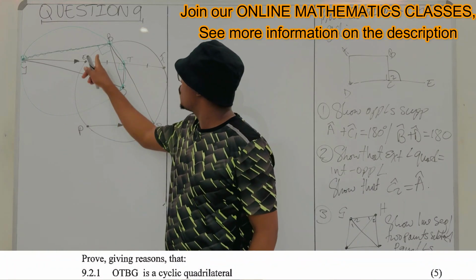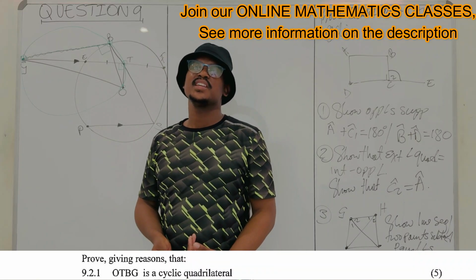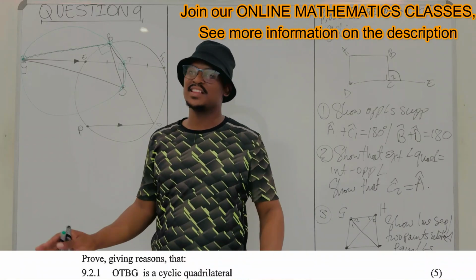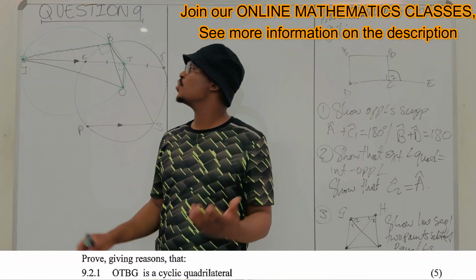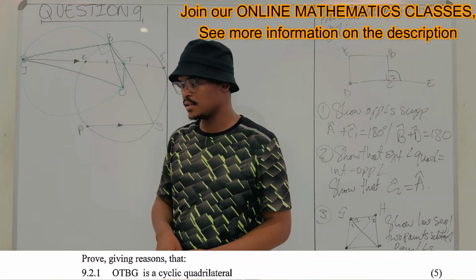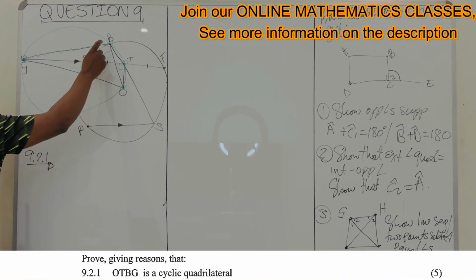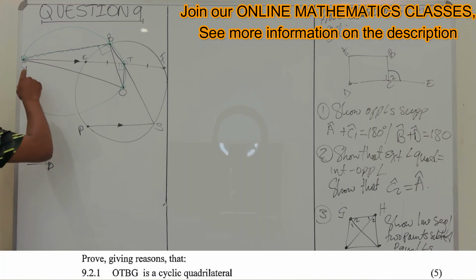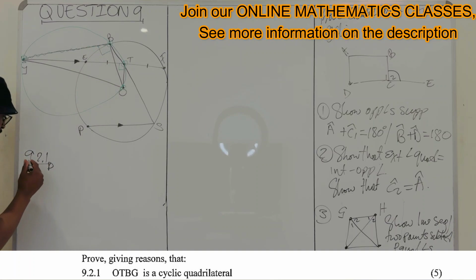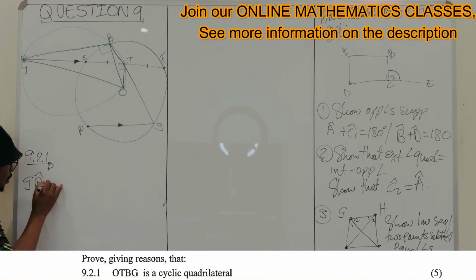But all the information in green is information that I added myself. I was not given that information, so I need to reason why I put it there to begin with. So I'm going to go to 9.2.1. I said this angle here was 90 degrees, so I'll say angle B. Angle B is formed by GB and BO.